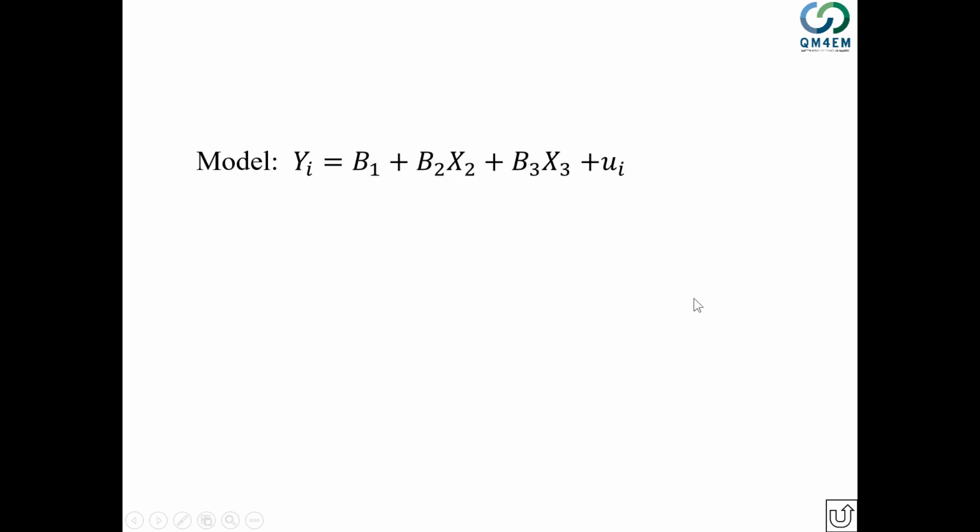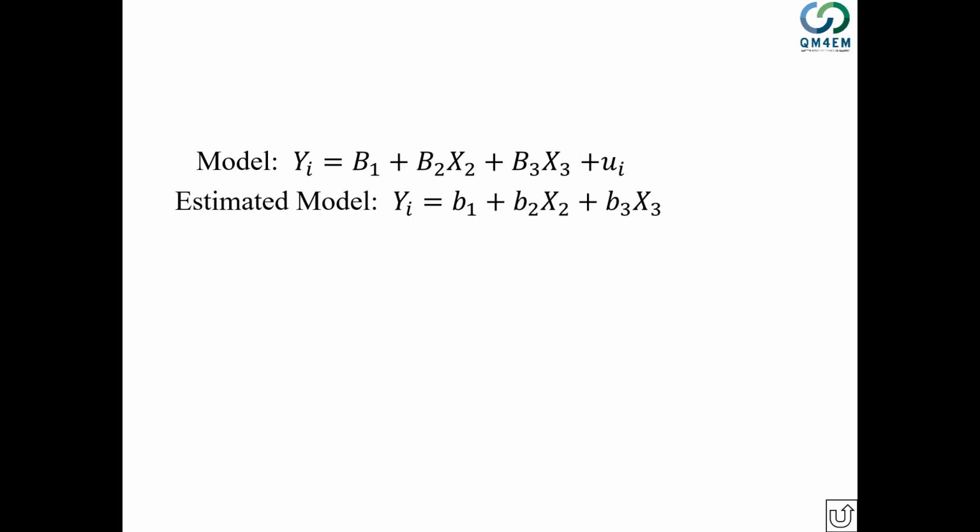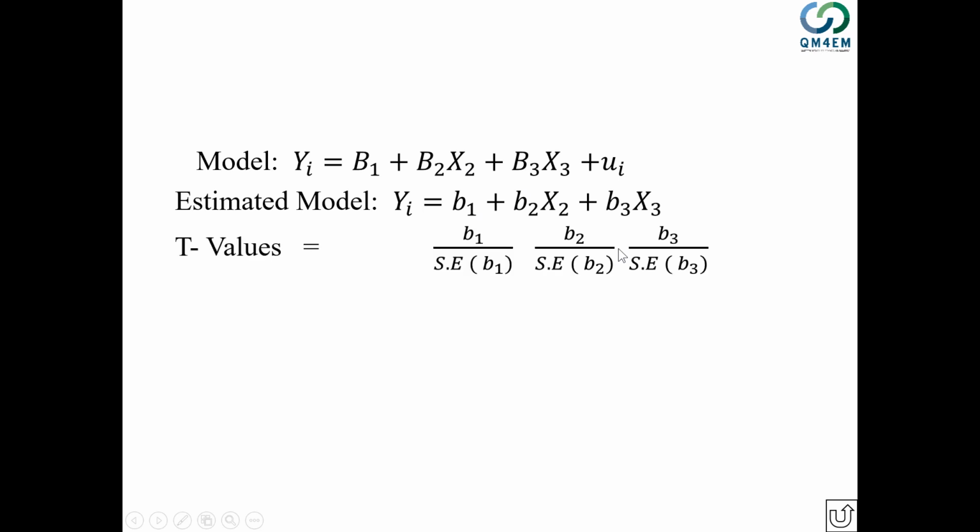Again, the model: a dependent variable and two explanatory variables. You know that already. When we estimate this model, we get numerical values for beta 1, beta 2, and beta 3. Next, we calculate the t-values.